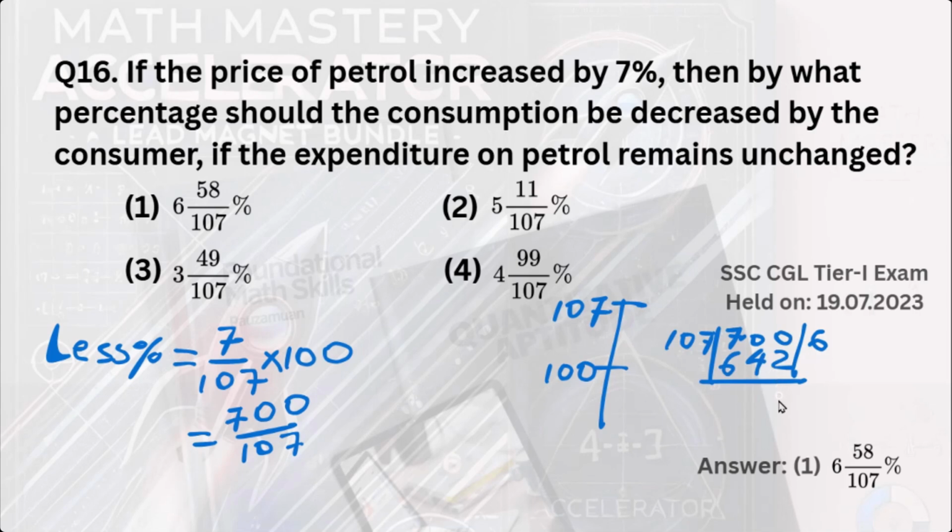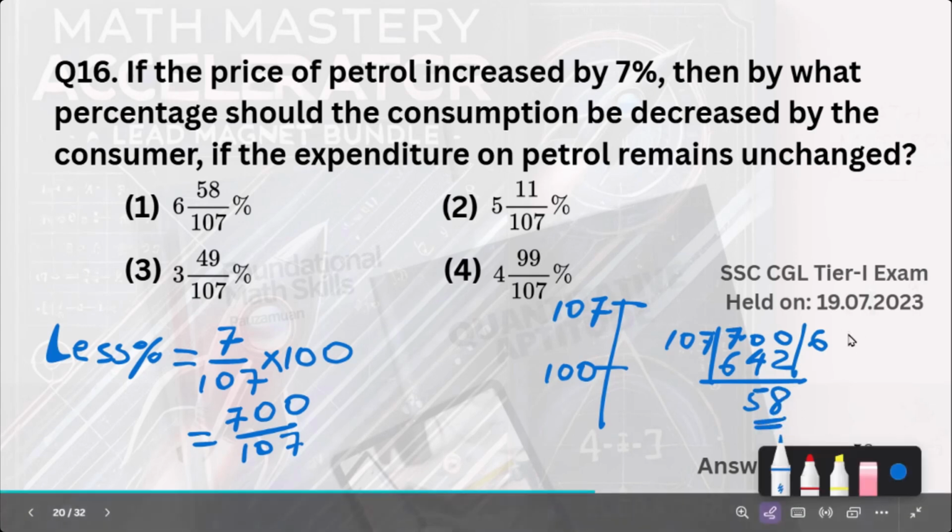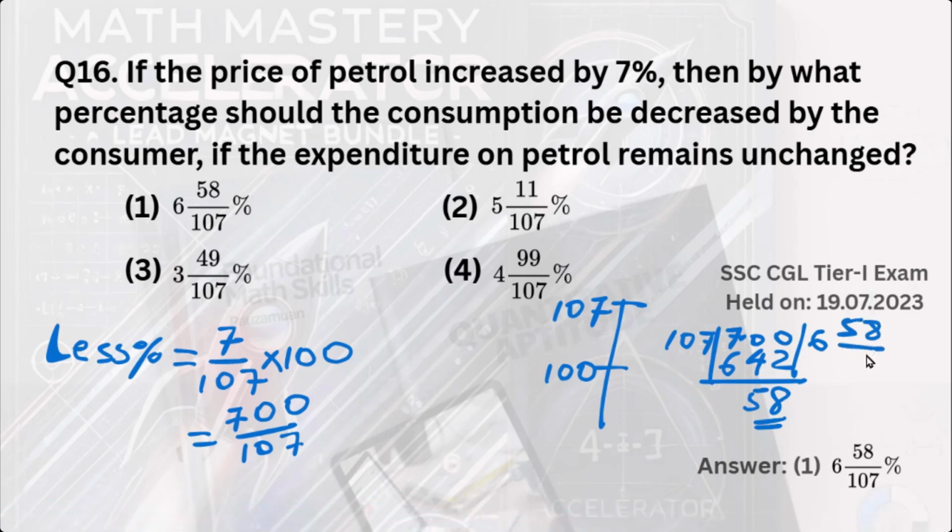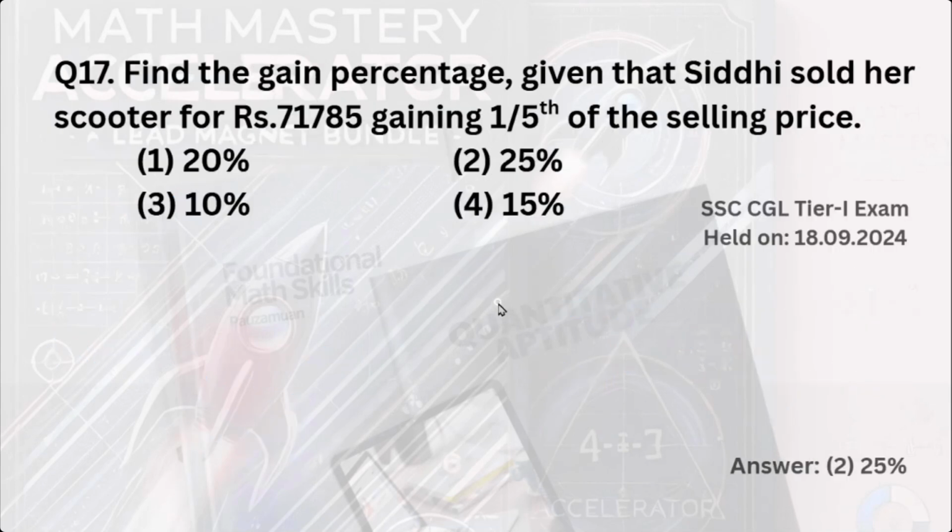Remainder is 10 minus 2, 8. 9 minus 4, 5. 58 is smaller than 107. Write the remainder here next to 6, 8, divided by divisor 107. The answer is 658 by 107. Option 1 is the right answer.